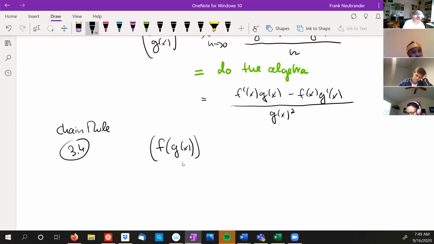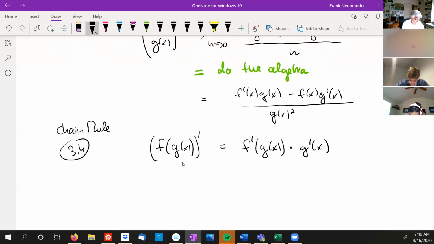And you take the derivative of such a chain. Then this will be the same as the derivative of f, the derivative of the outside function applied to the inside function times g prime of x.